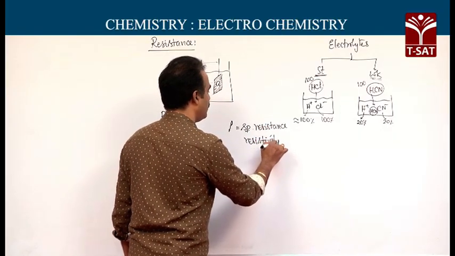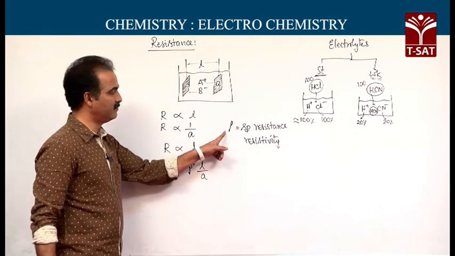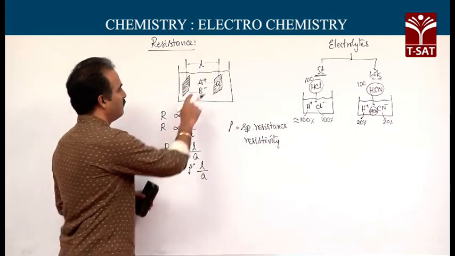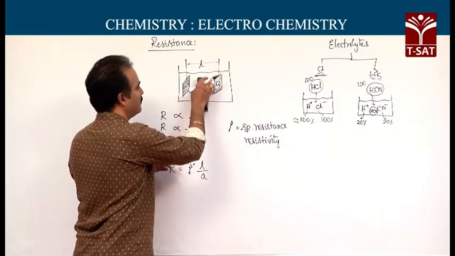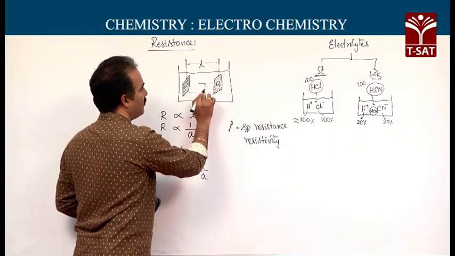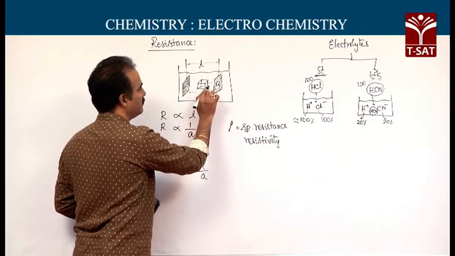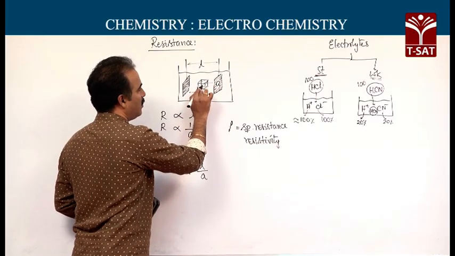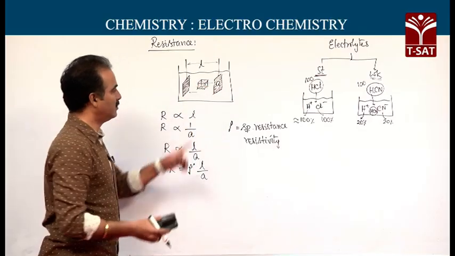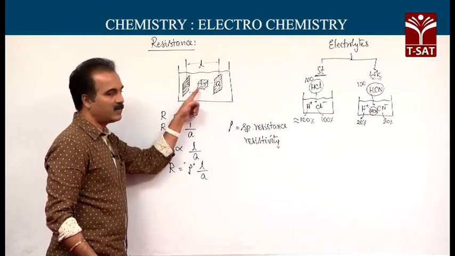What do you mean by resistivity? For example, if you take an electrolyte and in this solution I am taking 1 cc of the solution, just 1 cc means 1 ml, and however many ions are there in that, all the ions will experience some resistance.